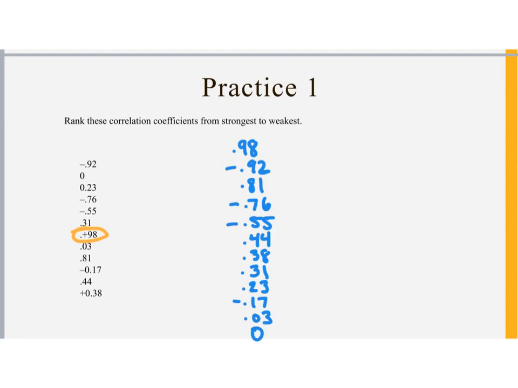Nevertheless, our next strongest is negative 0.92 because it's the next strongest in absolute value, followed by 0.81, negative 0.76, negative 0.55, 0.44, 0.38, 0.31, 0.23, negative 0.17, 0.03, and our weakest is a correlation of 0, so weak that it indicates that there is no relationship.